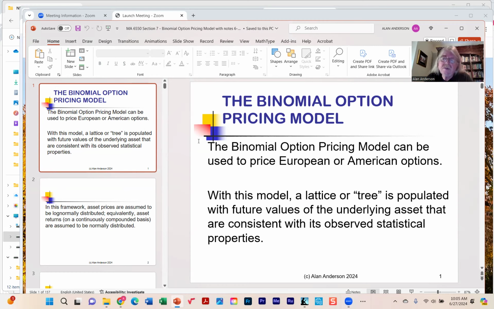And for that matter, it could be used for exotic options, but it's not really practical because exotic options can often have properties that are so complicated that the binomial option pricing framework isn't really the best choice. Usually for that, we use Monte Carlo simulation, where you're making assumptions about the statistical properties of the asset underlying the option, and then you're generating what amounts to a probability distribution of future values for that asset.